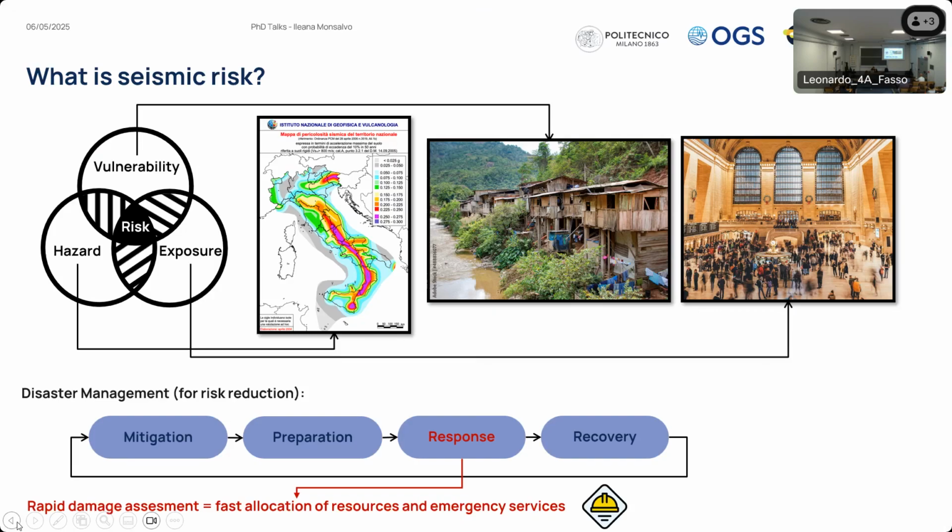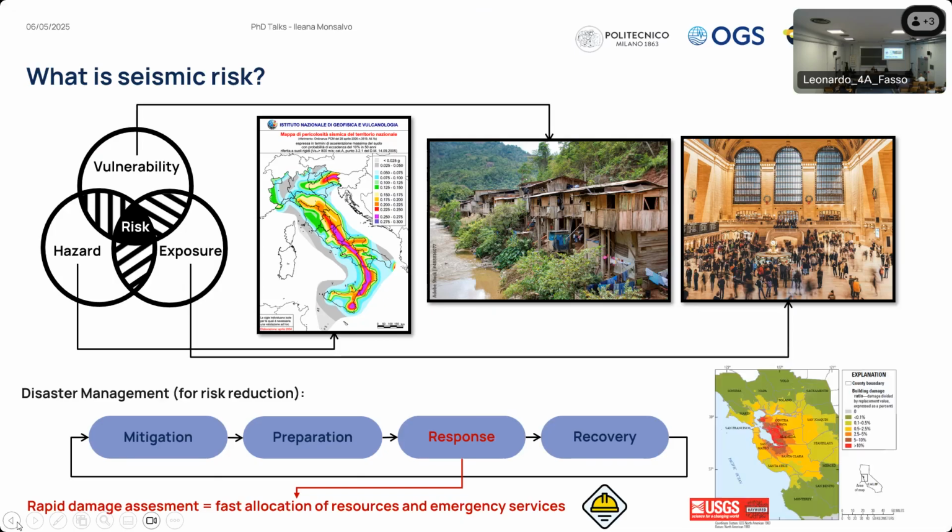And a tool that is used in order to support this rapid response is the rapid availability of damage maps that show the spatial distribution of the damage. For example, in red we can see where the buildings that are more severely damaged after an earthquake are concentrated.